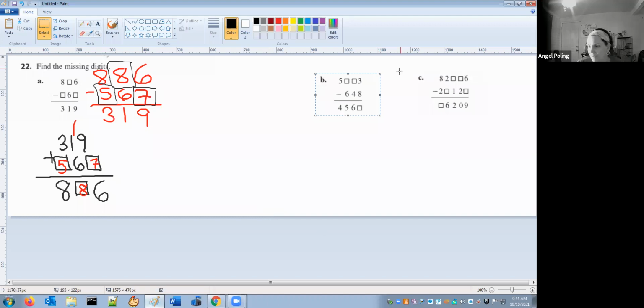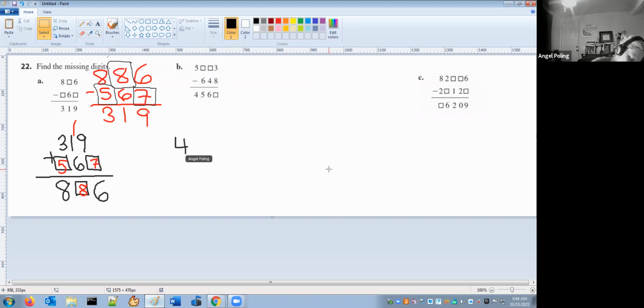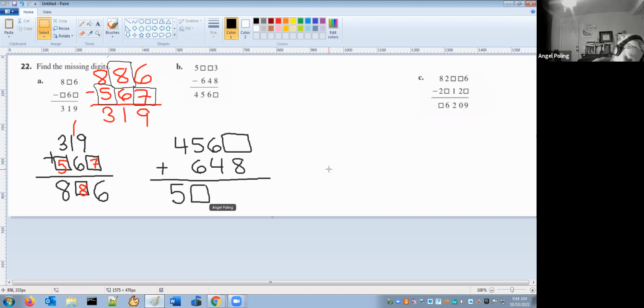Let's look at B, right? So if we play that same trick, we could try to flip it. We could try to say that 4, 5, 6 something plus 6, 4, 8 is 5 something something 3, right? 8 plus 5 is 13.